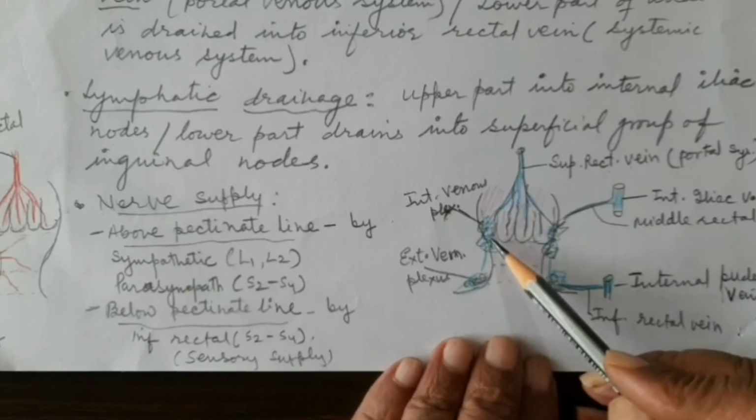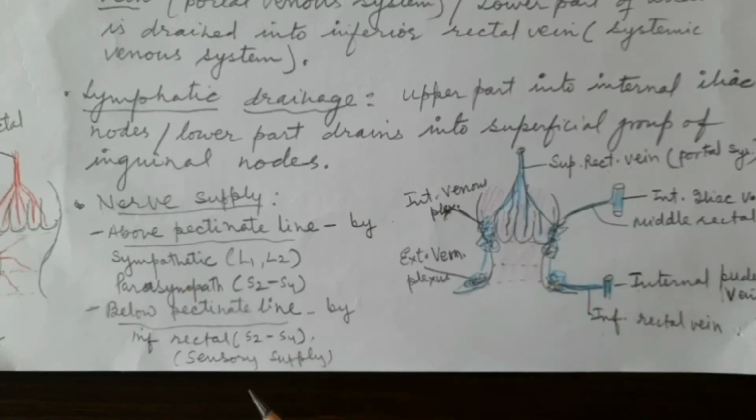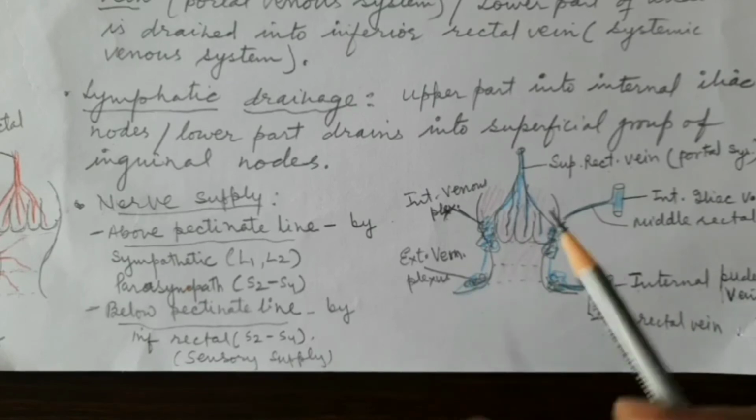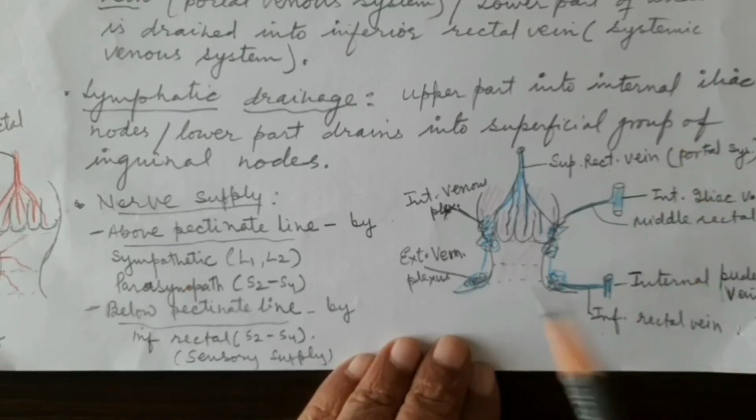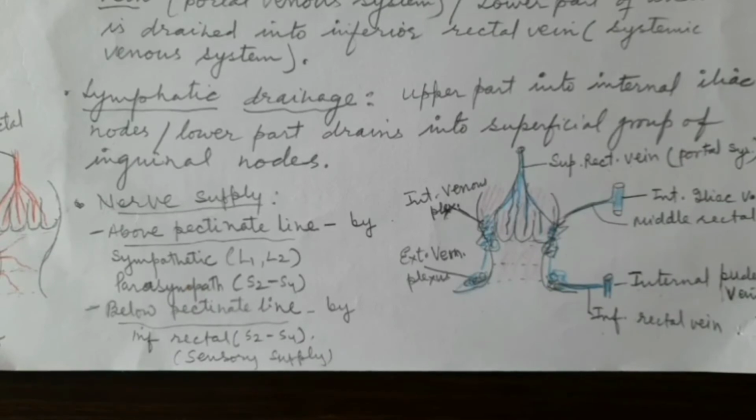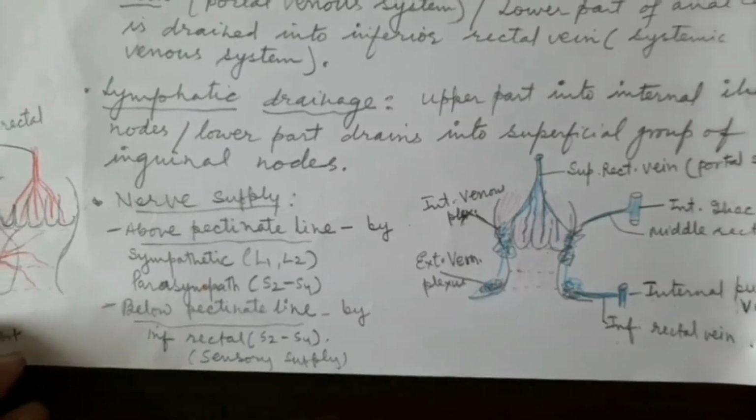That is called the portocaval anastomosis, because the inferior rectal vein is going to drain into the inferior vena cava, which is considered the systemic venous system.